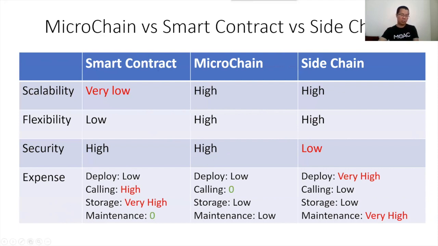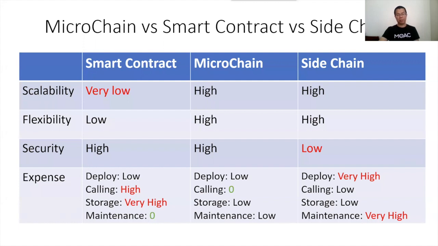You can spend maybe a couple of dollars and deploy a smart contract. In microchain, it's the same. If you want to deploy a microchain, we make it very simple. You can always select nodes from the pool. I will cover it a little bit later. But for sidechain, if you want to deploy one, it's very high, meaning you need to deploy multiple miners, and also you need to deploy multiple servers.